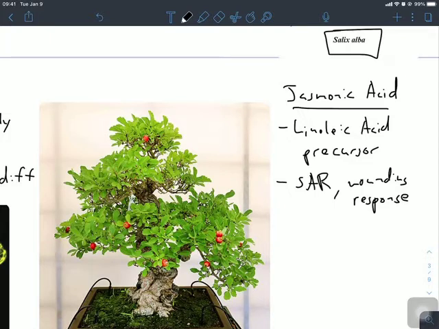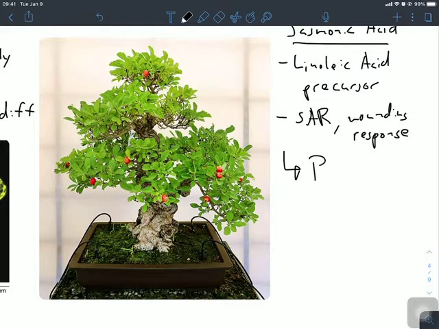So when a plant is wounded, it will begin to make a lot more jasmonic acid, and that actually causes the plant to reduce the size of the organs that it's growing. If you continually wound a plant, it will continue to make more and more jasmonic acid and continue to make smaller and smaller organs, resulting in what you'd call a bonsai plant.